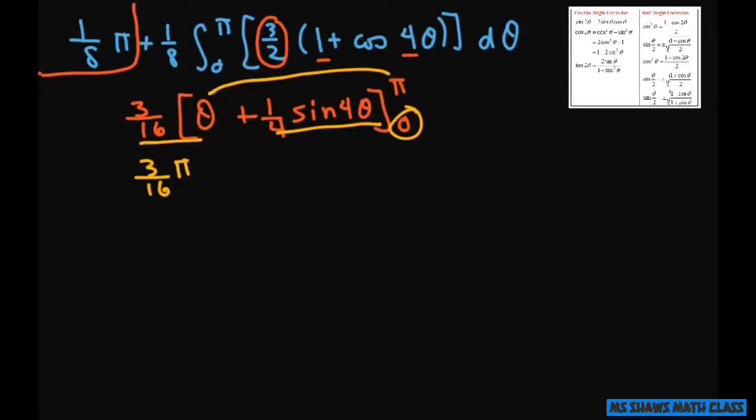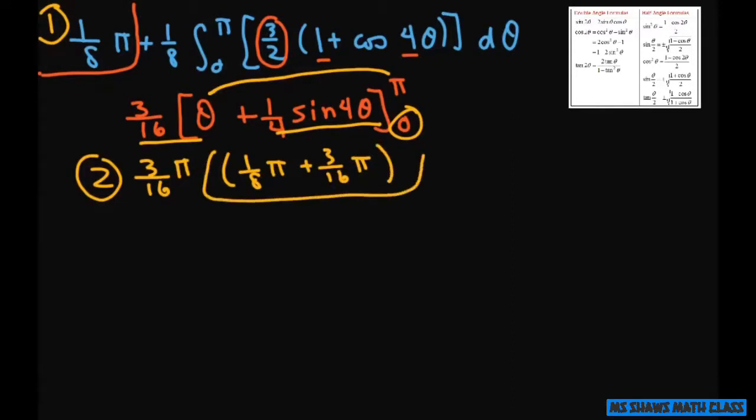So now we're left with this piece and this piece that we're going to add together. So we're going to end up having 1/8 pi plus 3/16 pi. And that's what we have so far.